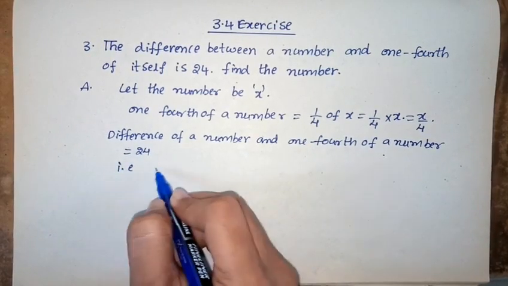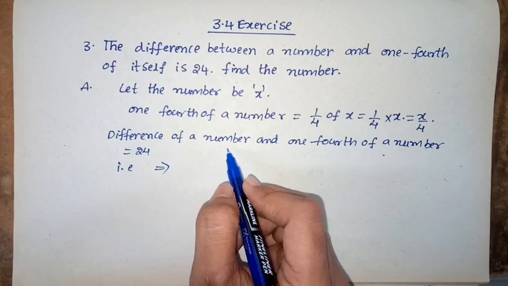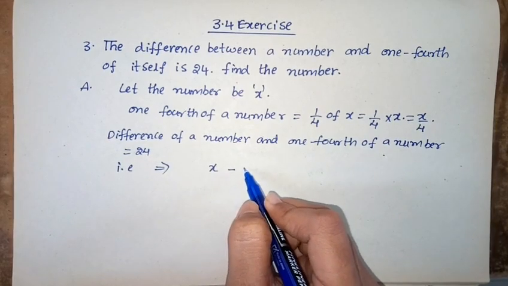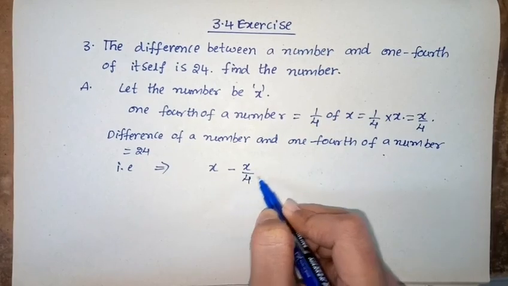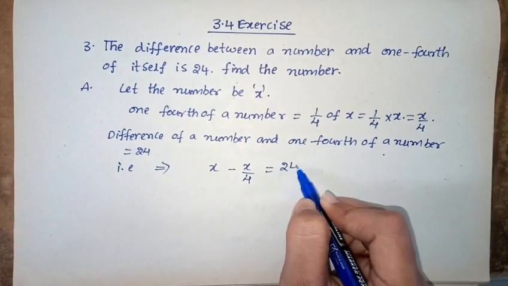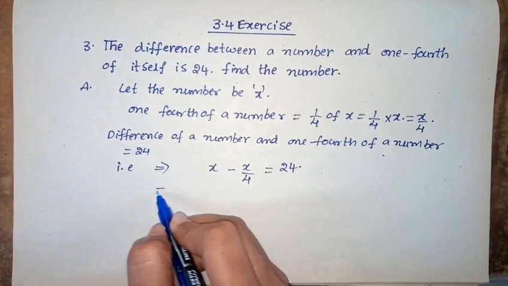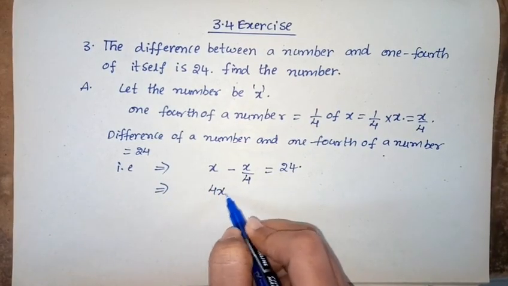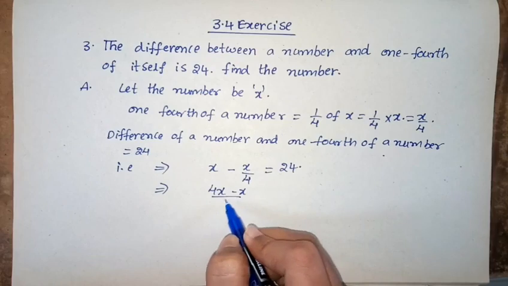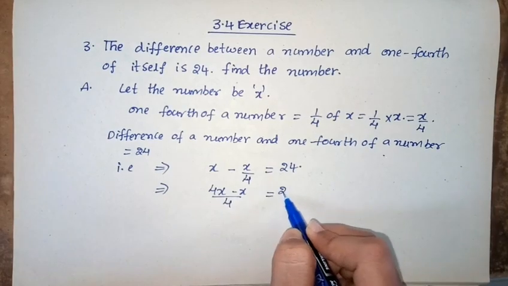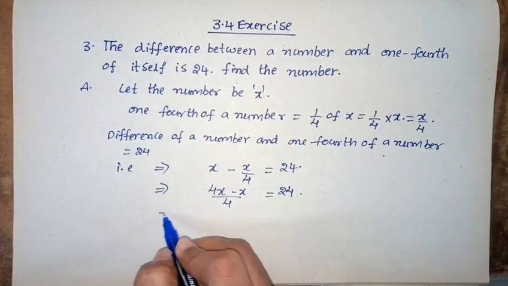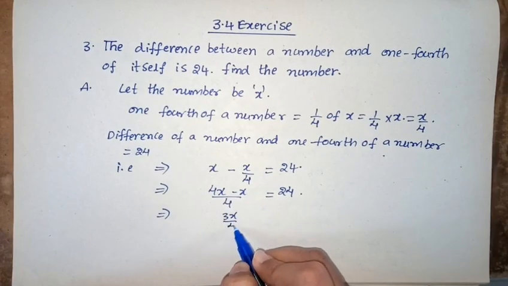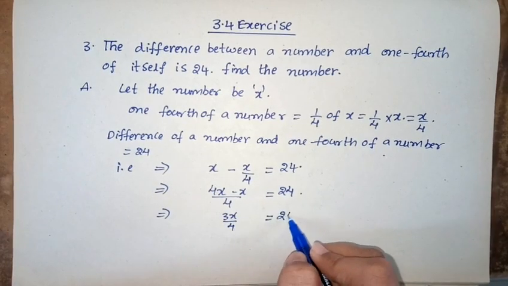So x into 4 becomes 4x minus x, divided by 4, is equal to 24. 4x minus x becomes 3x by 4, which is equal to 24.